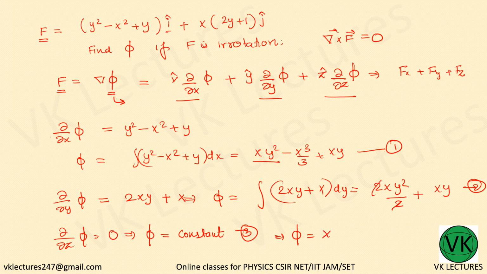So xy square once, minus x cube by 3, plus xy, which appears once, and one constant. So phi is equal to this much.